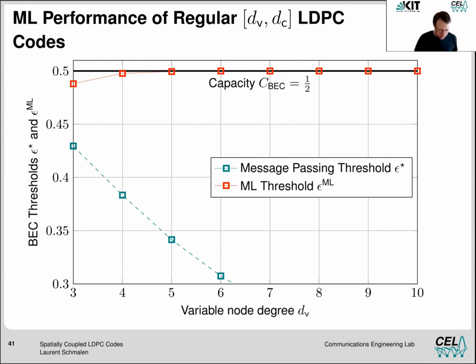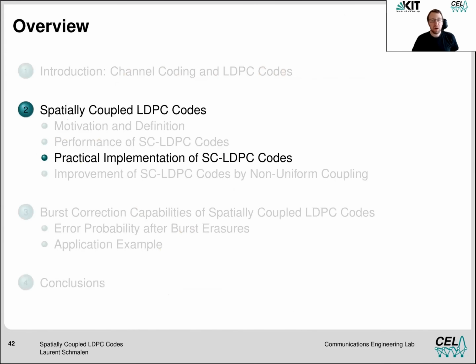With the regular LDPC codes, we could achieve this threshold, and with spatial coupling, we achieve the maximum likelihood threshold, which converges towards the capacity if we increase the variable node degree. So that's pretty nice. So we could see the problem is solved. Well, if you want to go to practice, there are still quite a lot of issues that you need to cover. So how can we practically implement these codes?